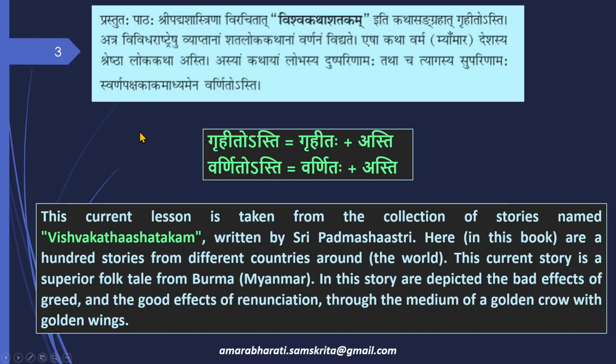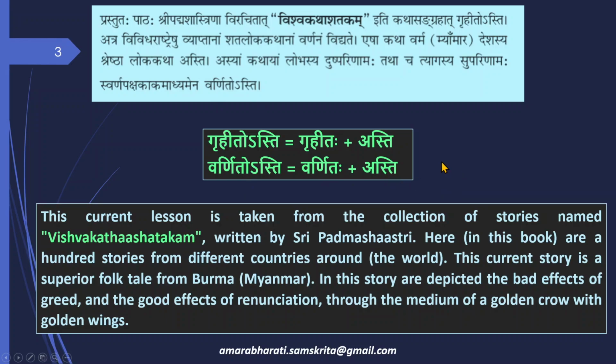How are they told? Swarna Paksha Kakah Madhyamena Varnitosti. Through the medium of a golden crow with golden wings. Swarna Paksha. Paksha is a wing. Swarna Paksha is golden wings. Here the sandhis are Grihitosti is Grihitaha plus Asti. Varnitosti is Varnitaha plus Asti.